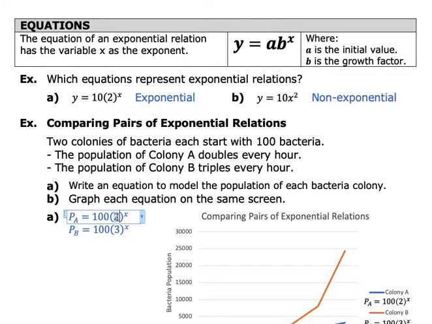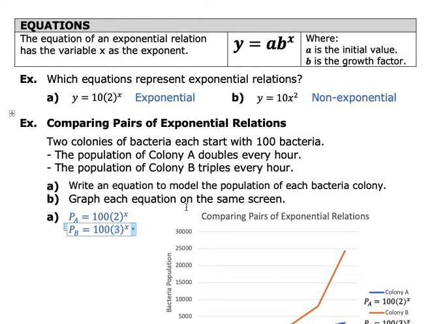If it's doubling, 2 is the growth factor. And remember that exponents are used to express repeated multiplication. So for every hour, which is x, we multiply the population by 2. That's doubling. And for colony B, the population is tripling. So 3 is the growth factor, and our initial value is still 100.